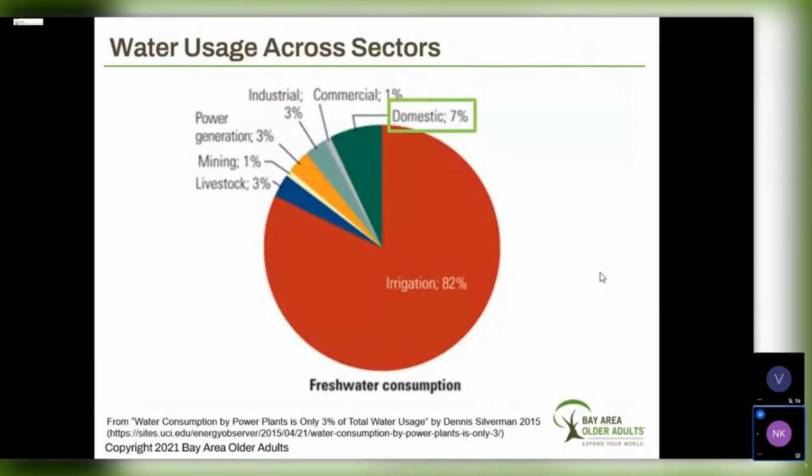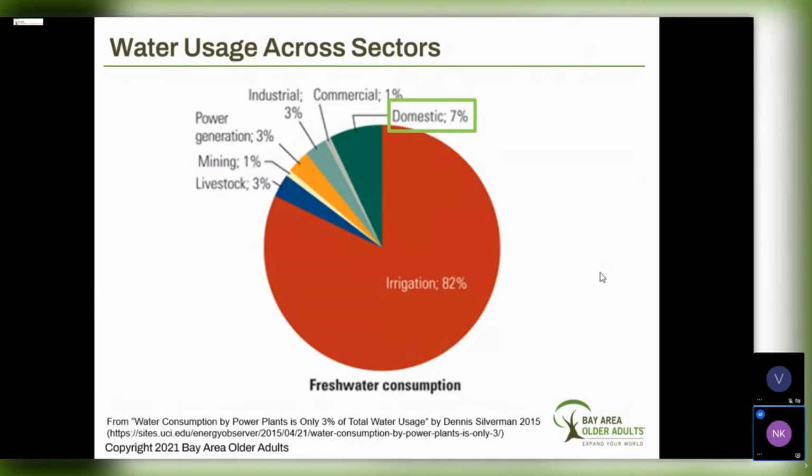Now, if you look at the water usage across sectors in this chart, it shows fresh water is taken from ground or surface water sources used for agricultural, industrial, or commercial and residential purposes. The residential use is just 7%.